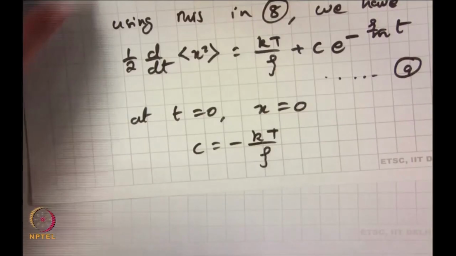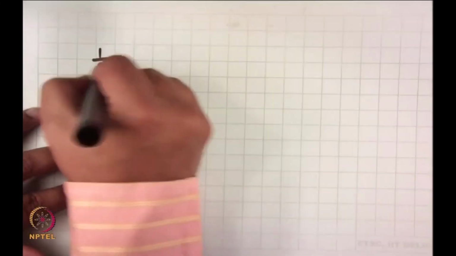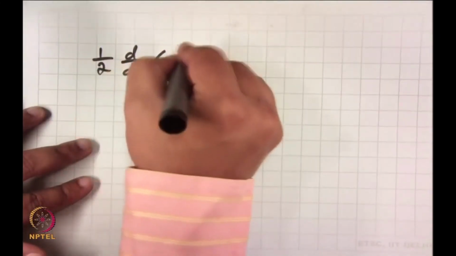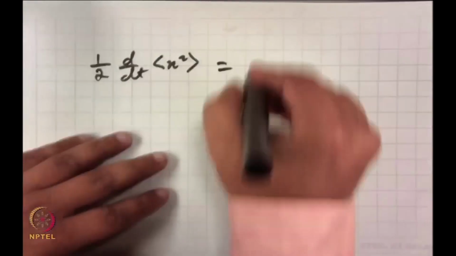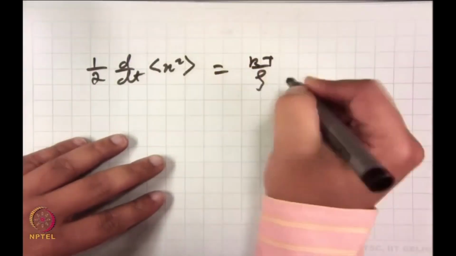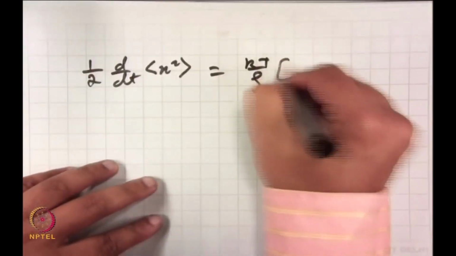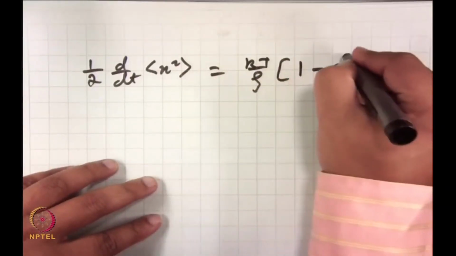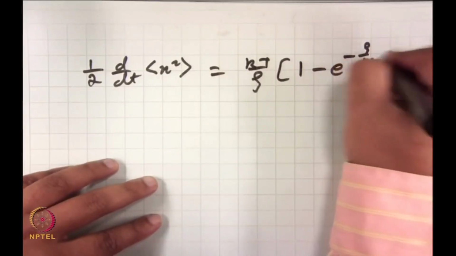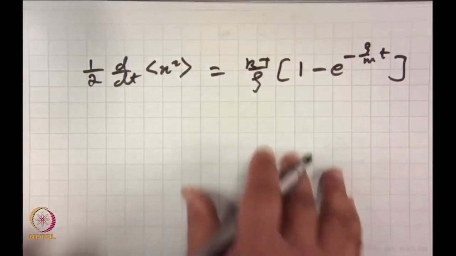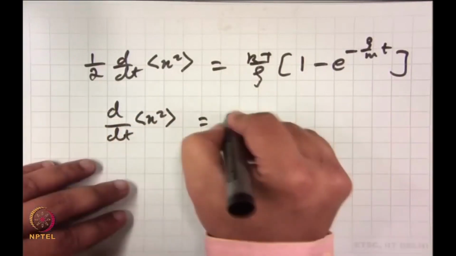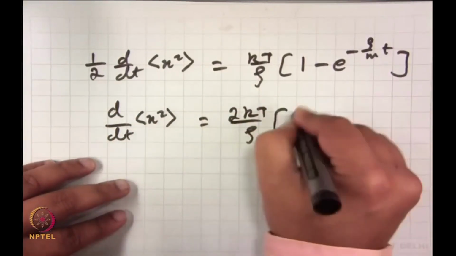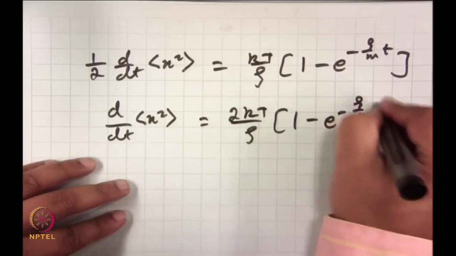And if that is what we have, then I can write half d/dt of x squared is equal to kt by xi times 1 minus e to the power minus xi by m into t, or d/dt of x squared is equal to 2kt over xi times 1 minus e to the power minus xi by m t.